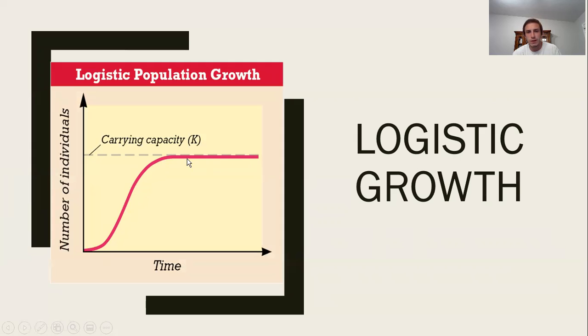Phase 3 is going to level out and be flat. And so that carrying capacity is any number of limiting factors that are going to help level off how many organisms an environment can support. And so at this point, I think that's all of section 1.